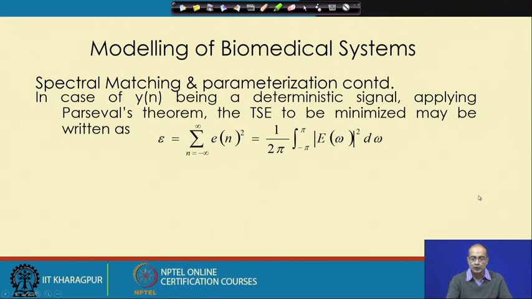So, we can write eta, the energy of the error in the time domain, as the same as the energy of the signal in the frequency domain.